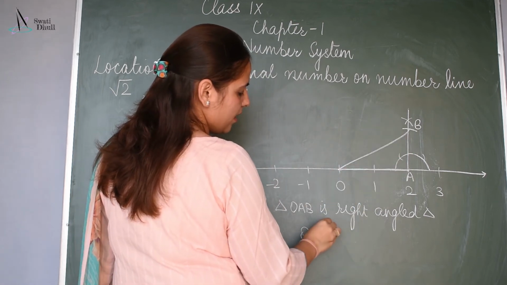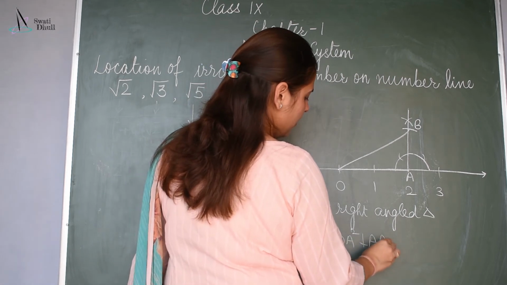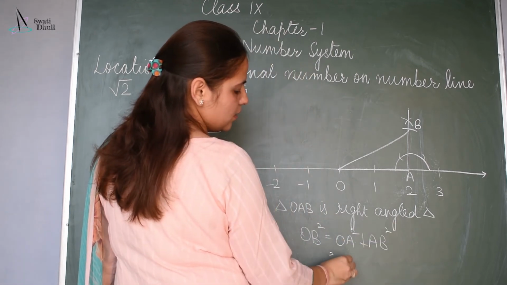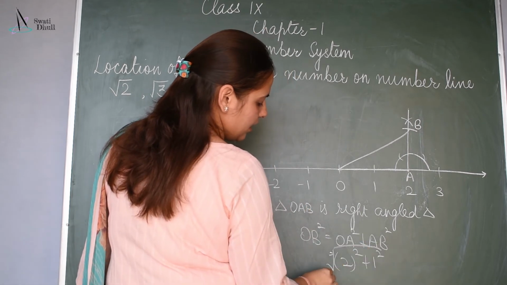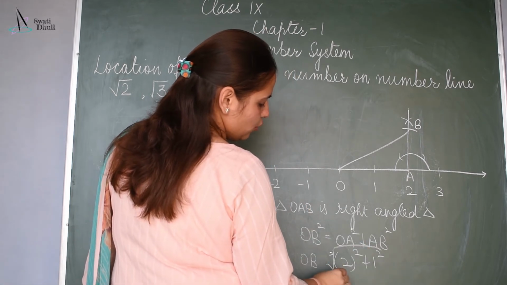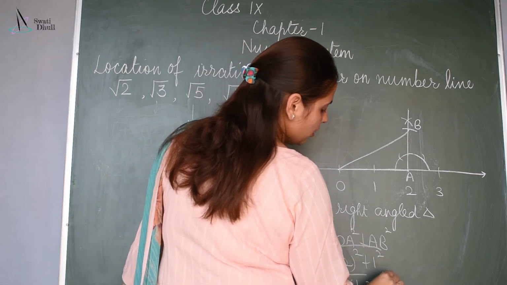So OB square is equal to OA square plus AB square. So OB is under root 2 whole square plus 1 square, and you will get 4 plus 1 under root, which is root 5.